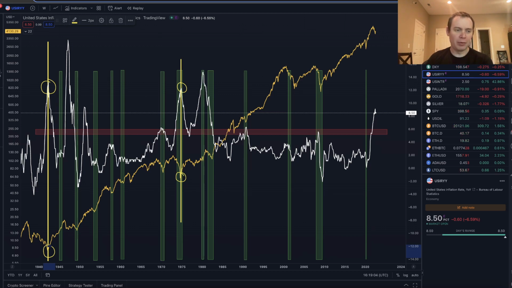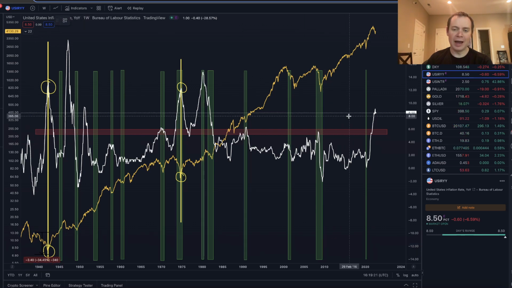Now, what's interesting with these two moves is that the stock market really fell about 50%. This one was actually more if you take it from further over, but from a more recent drop, it wasn't quite as bad.